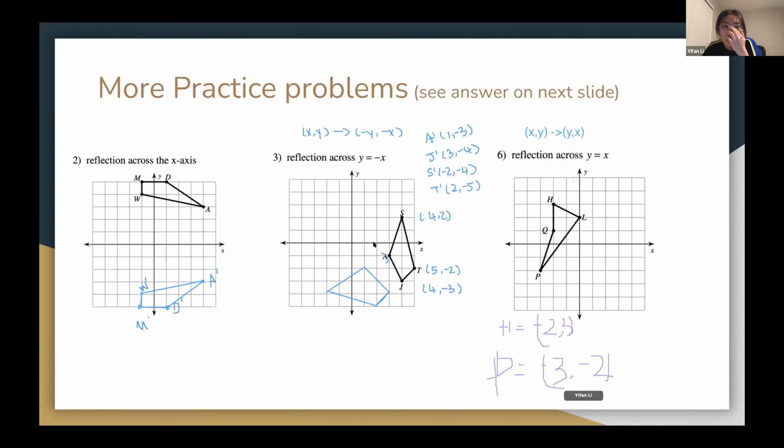And then we use the formula above to transform it. So -2, 3 will be 3, -2. And the -3, -2 will be -2, -3.